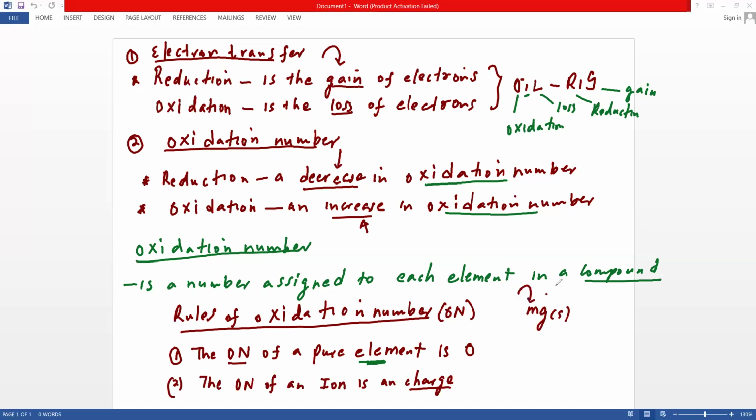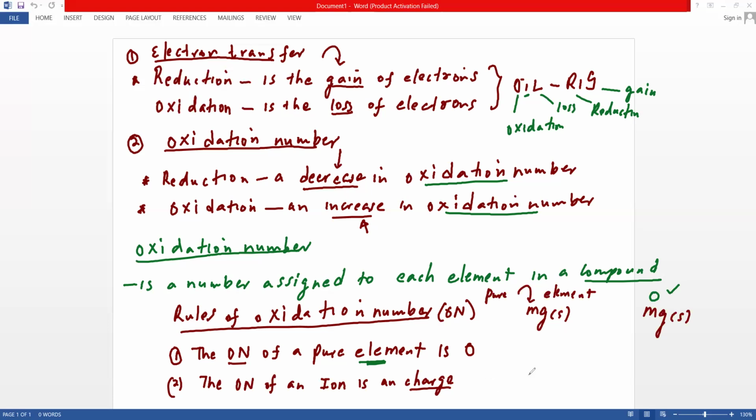It's an element, not an ion, so magnesium here is a pure element. The oxidation number of a pure element is 0, which means we assign the number 0 to magnesium. Why? Because it's a pure element. It's very important to know that.